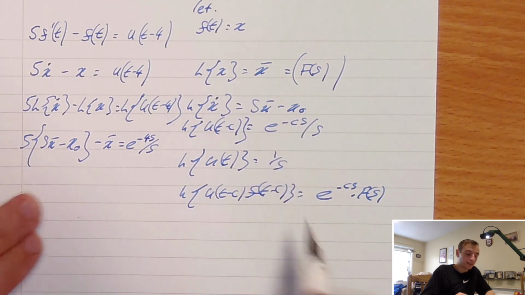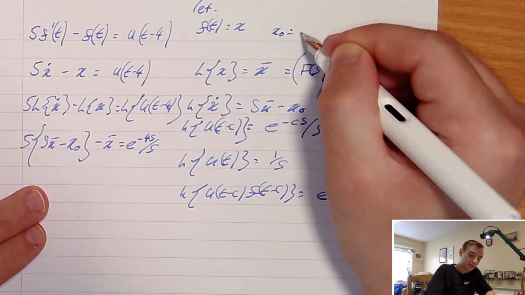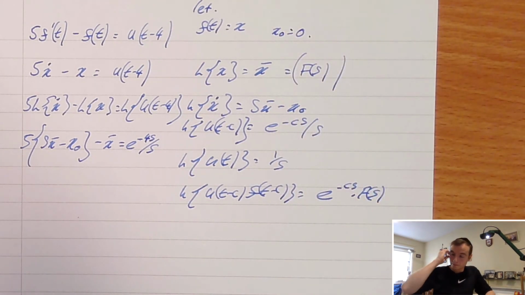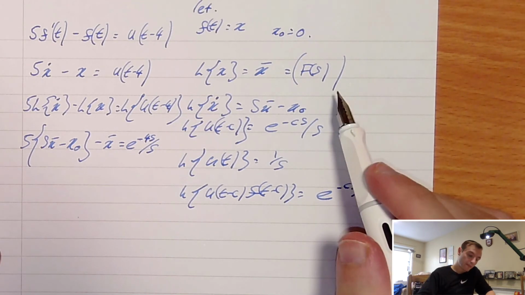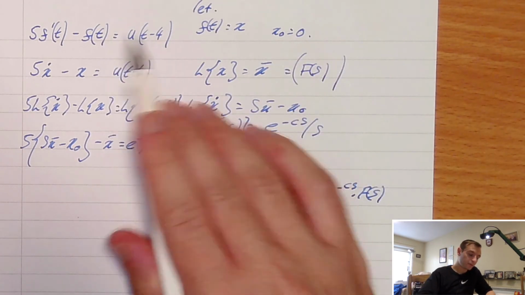And a condition that I should have put at the beginning: x naught is 0, which means that when t equals 0, f(t) is 0.